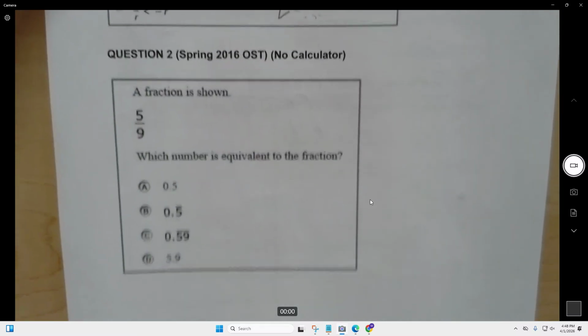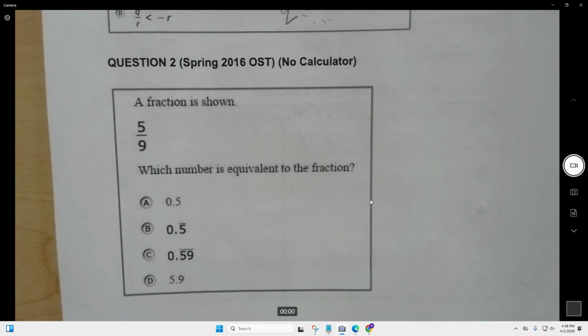Question 2, no calculator. A fraction is shown. What number is equivalent to the fraction? Okay. Here's a trick that I've picked up over my years of doing math.